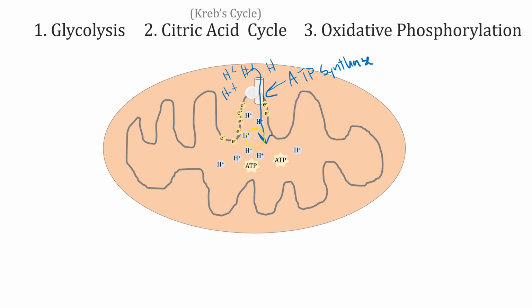And then in the process, all of these electrons, after they've run their course through the electron transport chain, find their way to oxygen to make water. And that's ultimately what all of these that are lying around end up doing too, is they combine with the electrons again to make water.